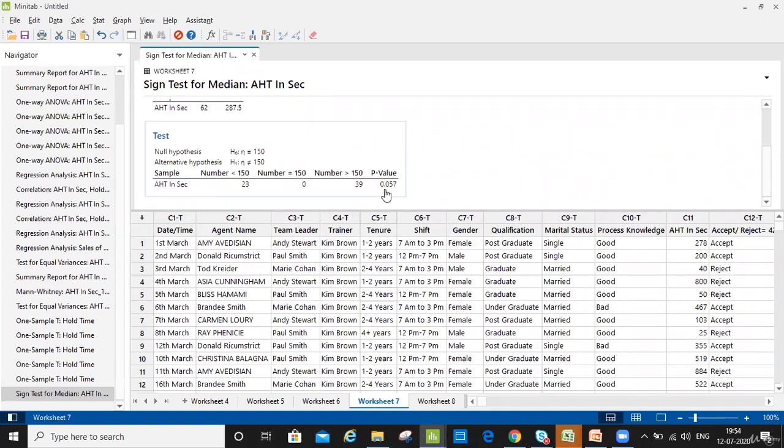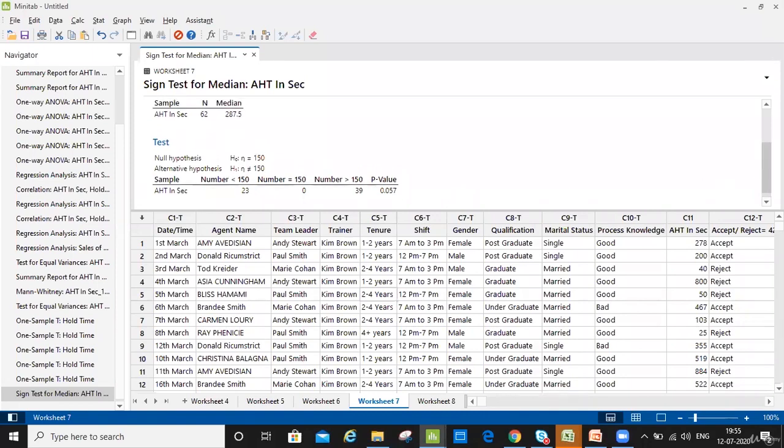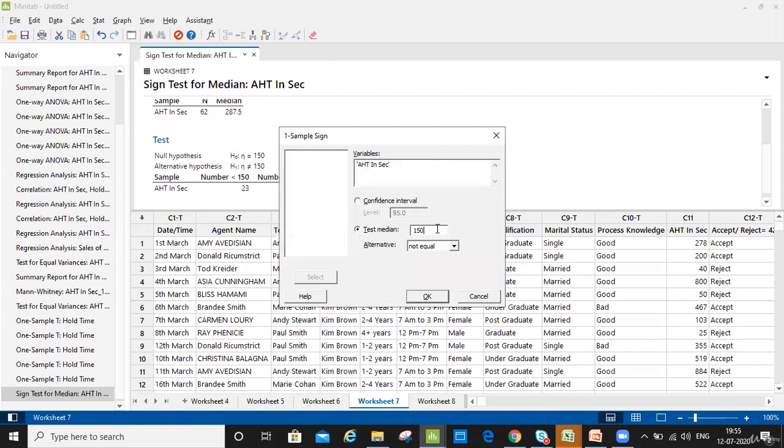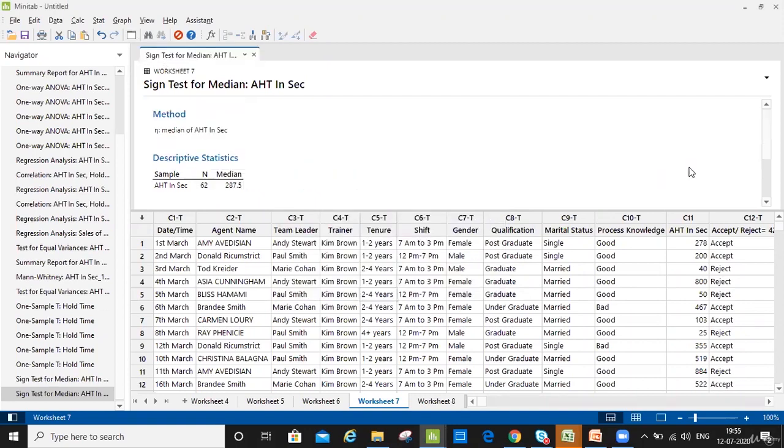It says 0.057. Is it a null hypothesis or alternate hypothesis? Null. It's a null hypothesis, which means 150 would be achieved very easily. You should take a target lower than that. Okay, so let me put 145 because it was very near to 0.05. So I think 145 should show.